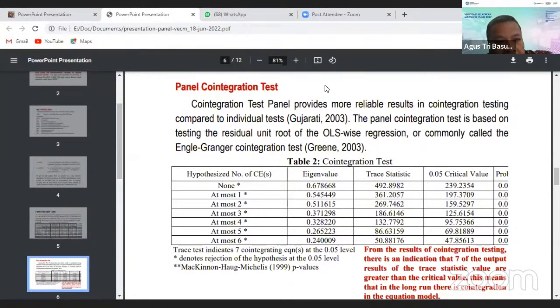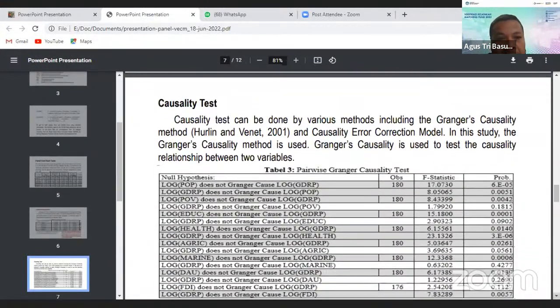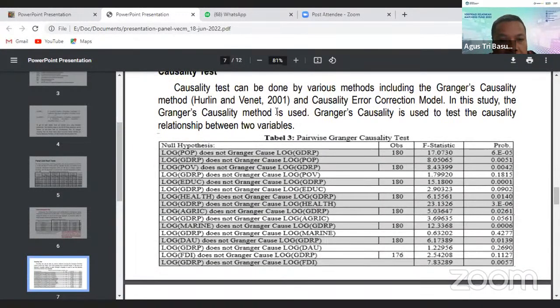Okay. Next, after the panel cointegration test, we test causality. You can see all variables in the pairwise Granger causality test. You can see the function of population with GDRP.